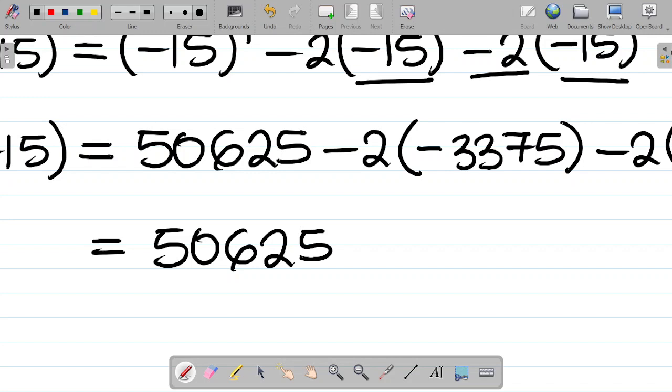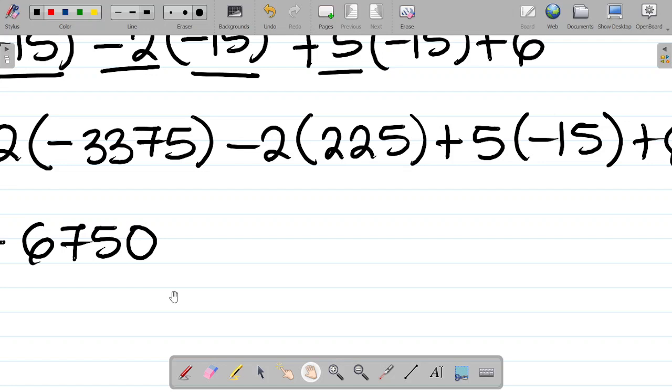Now let's try to punch this. So from here, you have minus 2. So you have minus 2, open a bracket, type minus 3375. Right? So type in minus 2, open a bracket, type in minus 3375, close the bracket. You have your answer as plus 6750. Proceeding.